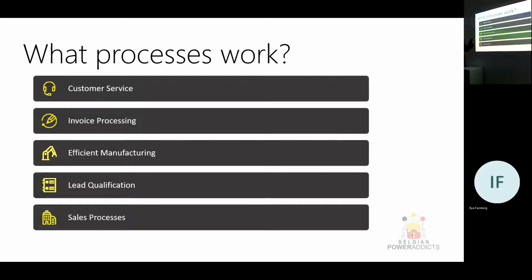So let's say, as an example, customer service, we talked about that as an example. Lead qualification, right? If you ever saw Dynamics or really any marketing application, you will see that the lead would have multiple steps for qualification, and for each step you would normally have a set of activities that you need to do. Because lead qualification is not usually as time sensitive as case management, we often don't really know what happens there. We don't know how much time the marketing person spent on doing whatever they need to do. But with process mining, we now know.